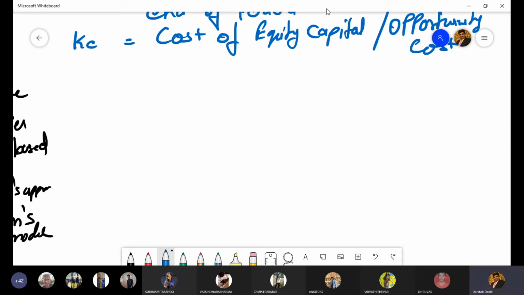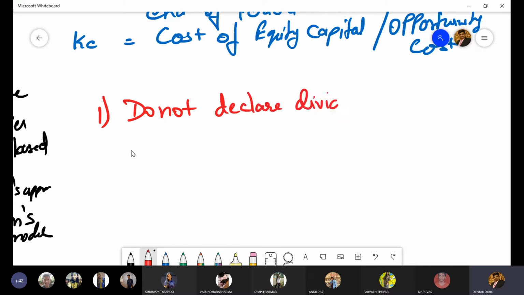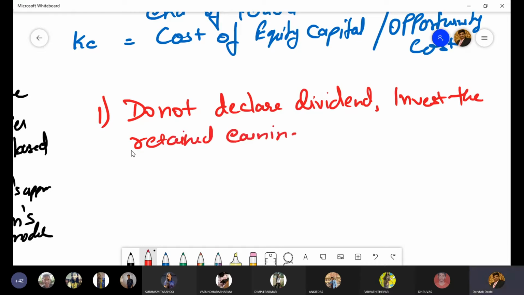I repeat, there are two options available. Option one: do not declare dividend, and invest the retained earnings in a new project.